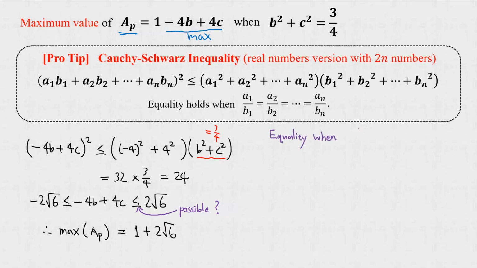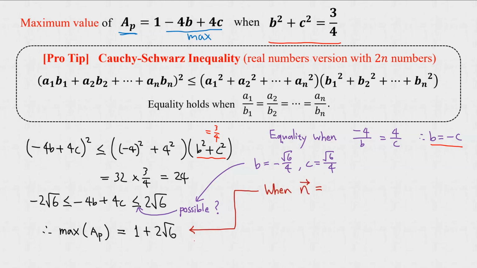Well, the equality holds when the ratio negative 4 to b is equal to 4 to c, that is, when b is equal to minus c. And combining this with b squared plus c squared equals 3/4, you can easily find out that this equality on the right holds when b equals negative square root of 6 over 4 and c equals square root of 6 over 4.